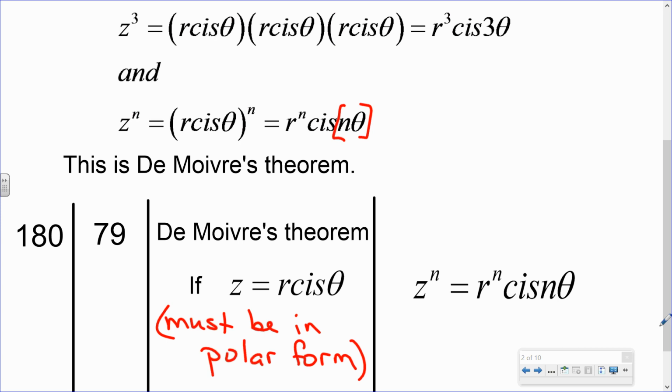So get the complex number in polar form, and then if we want to raise it to a power, we take the magnitude to that power, cis of the power times the angle. So I want us now to give this a try here.